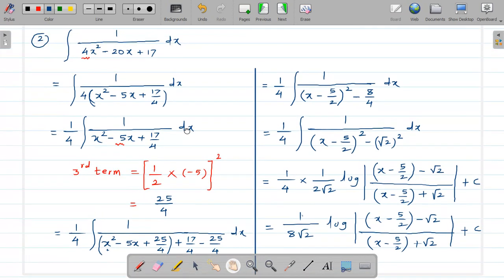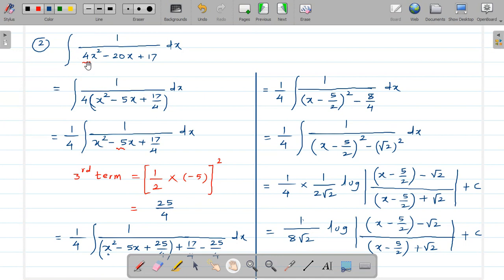So here in this example the given quadratic is 4x square minus 20x plus 17, but we have to take the 4 common to make the coefficient of x square 1, because to add the third term the formula is applicable whenever the coefficient of x square is 1.